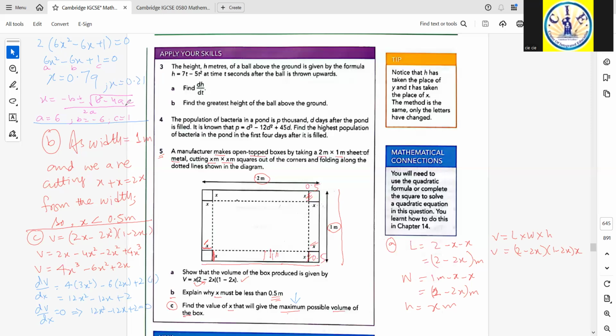Okay, now we have these two values of x. We need to find the value of x that will give the maximum possible volume.